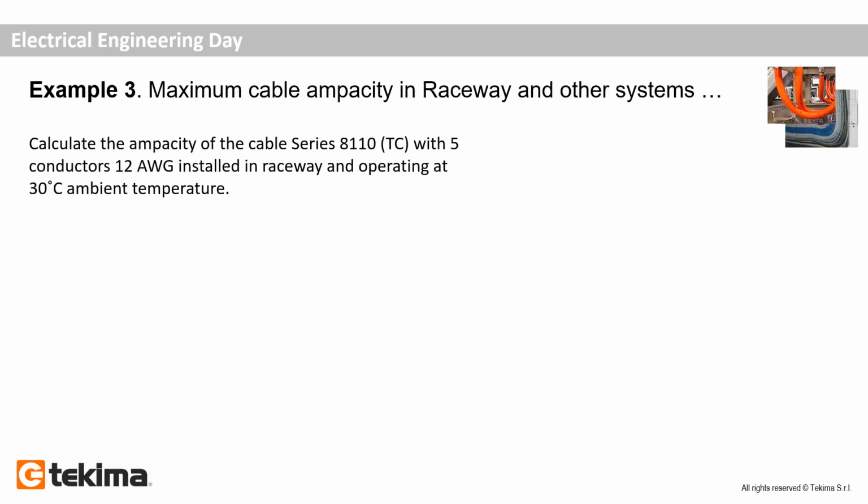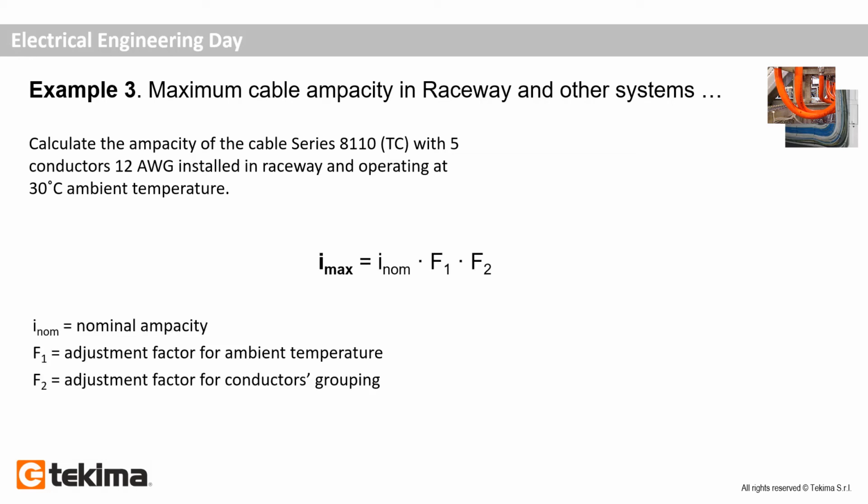Example 3. Calculate the ampacity of the cable series 8110 tri-cable exposed run with 5 conductors 12 AWG sized installed in a raceway and working at 30 degrees Celsius ambient temperature. The maximum cable ampacity is calculated using the nominal ampacity of the cable adjusted by 2 factors which take into consideration the ambient temperature and the conductors grouping.